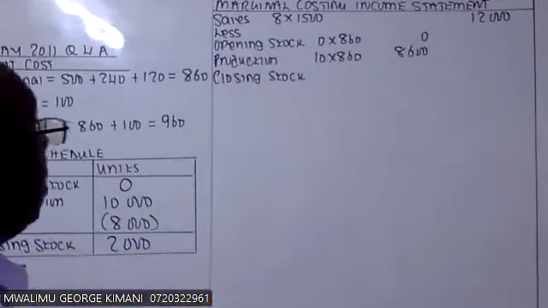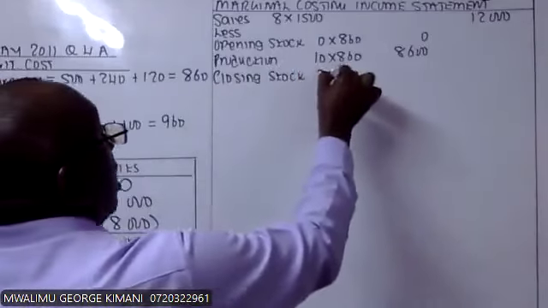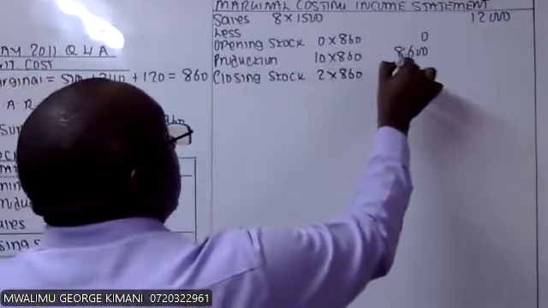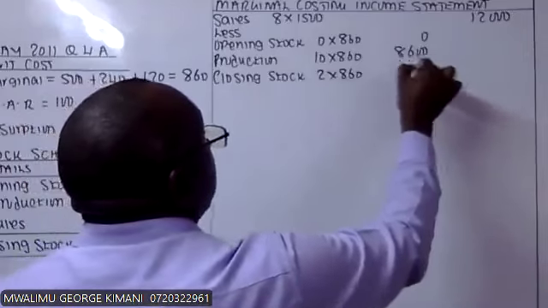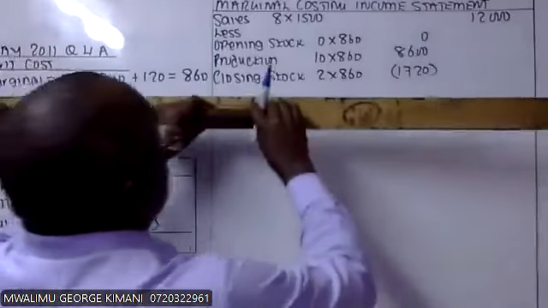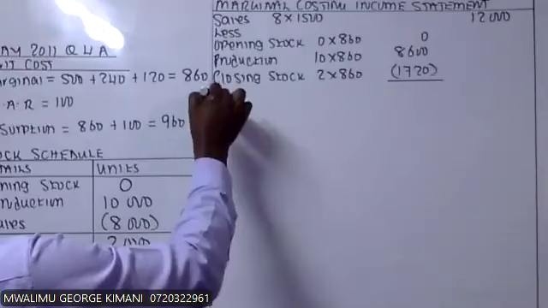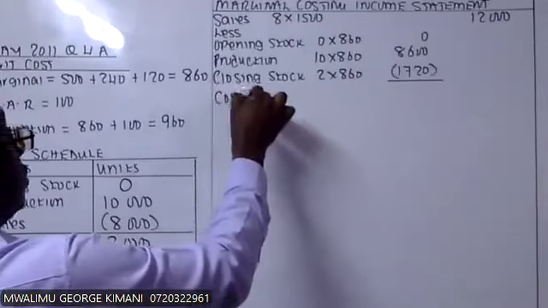Now closing stock is 2 times 860. And this should be 1,720. So you less this so that we get a figure called cost of sales.